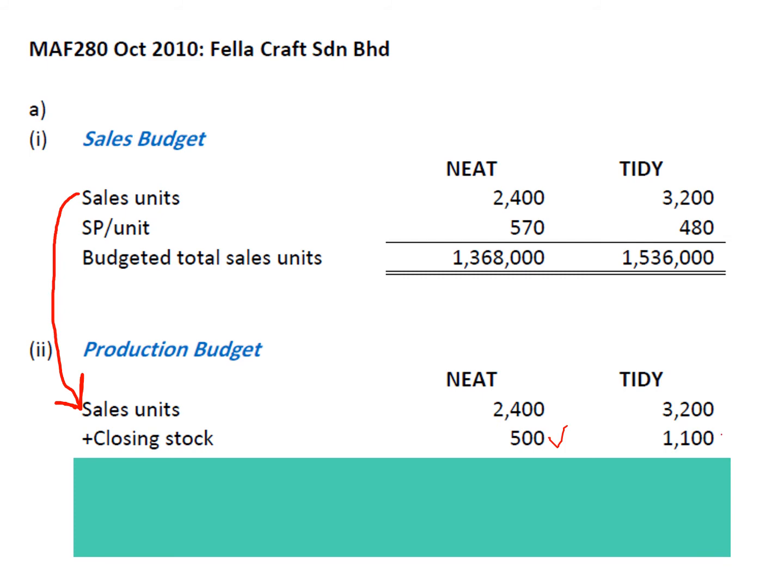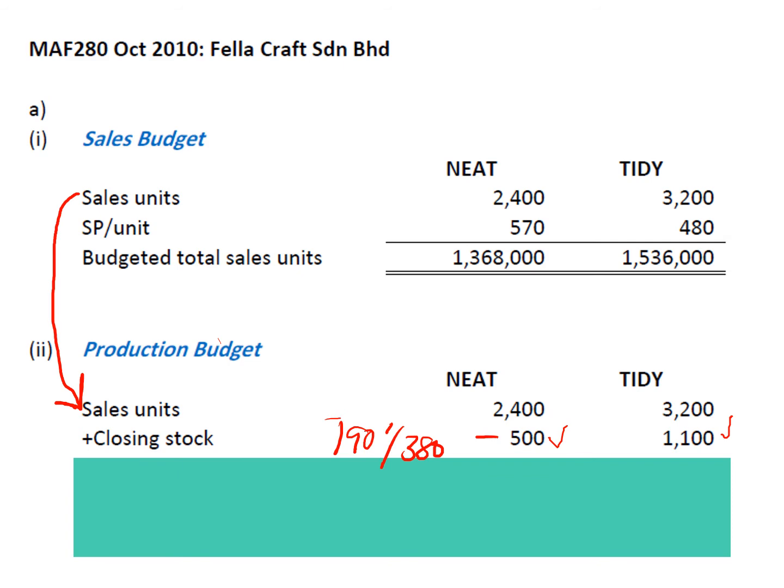Closing stock ni mana nak dapat? Closing stock ni daripada, okay, so this closing stock daripada 500 ni you get from nilai closing stock yang dia bagi, which is 190, sorry. 190 bahagi dengan 380, which is the production cost per unit.